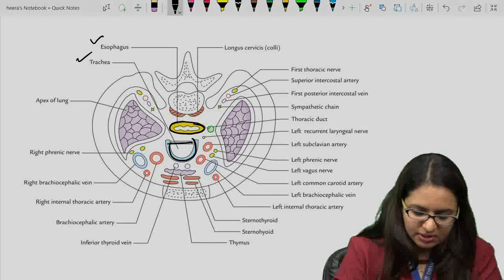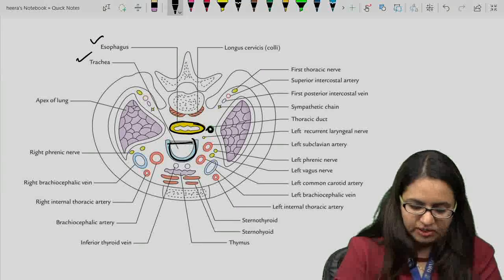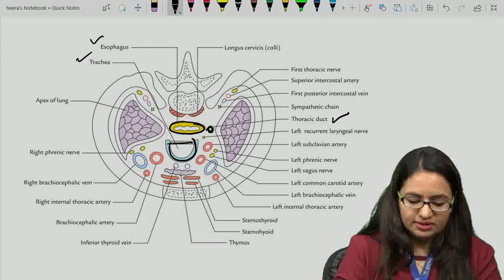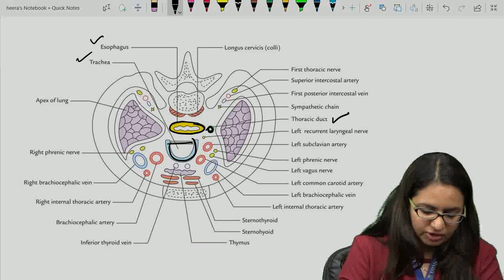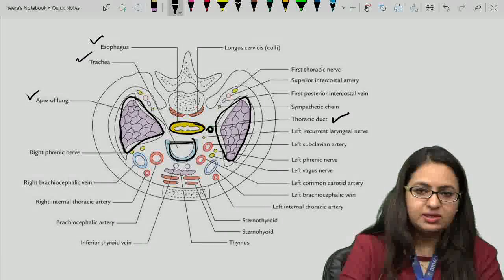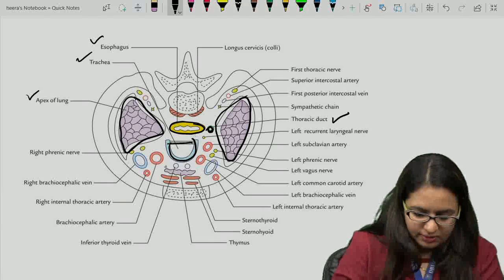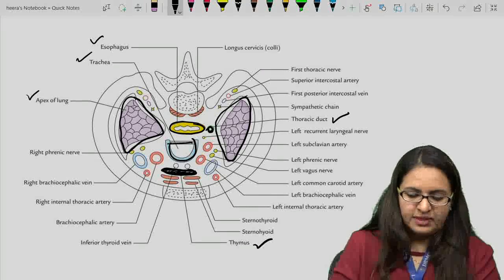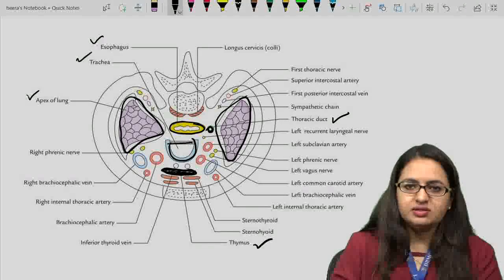Apart from this, a lymphatic vessel, that is the thoracic duct, is also passing through the superior aperture. Then the apex of the lungs, which is on the lateral side, and in the anterior portion the part of the thymus, this is the thymus. So these are the viscerals which are passing through the superior aperture.